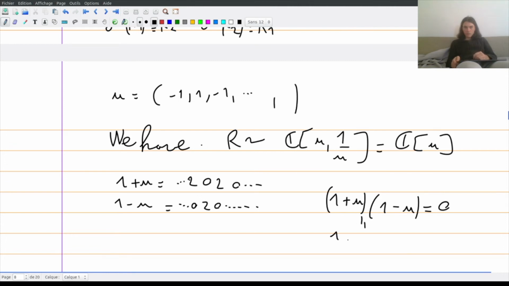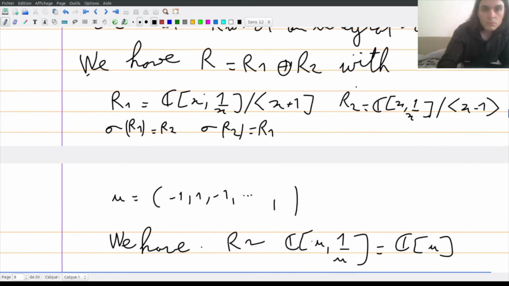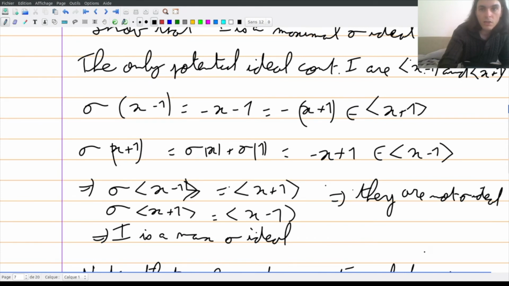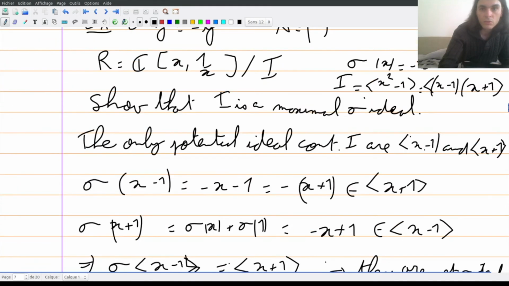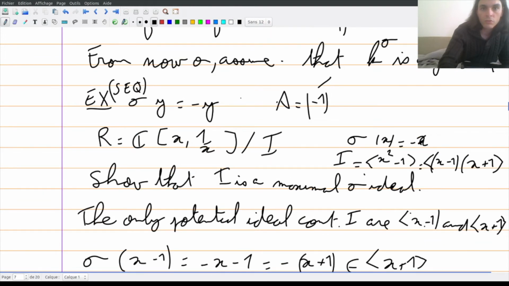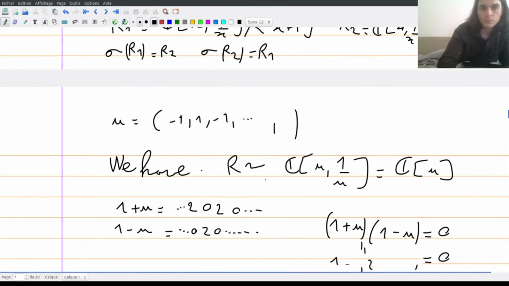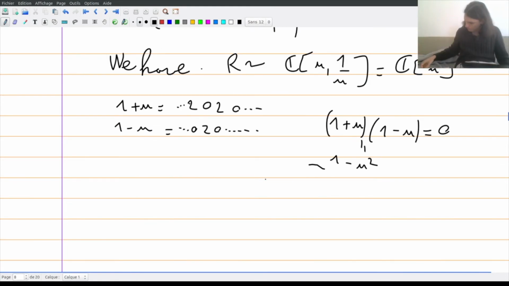And note that we find the equation of the differential ideal. So why do we consider this ideal x square plus 1? It's just that the square of your solution will be the identity. So in general, you don't have a structure of field or integral domain, and we will see that in a few minutes.